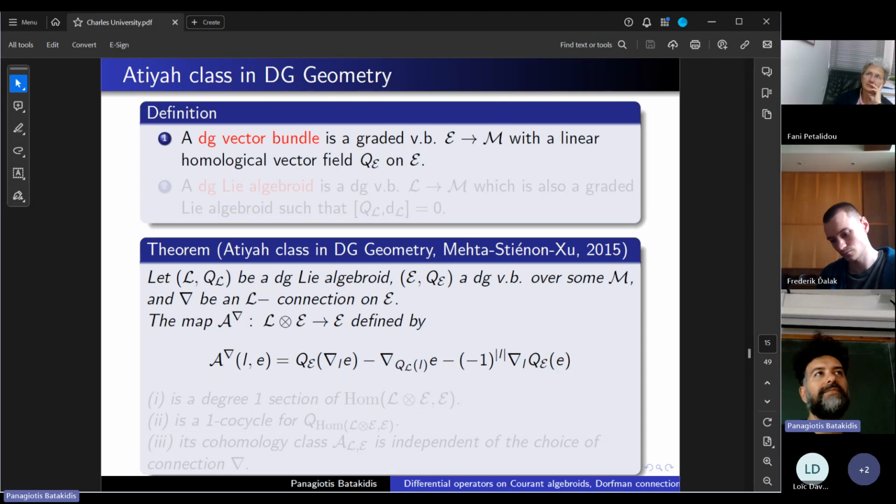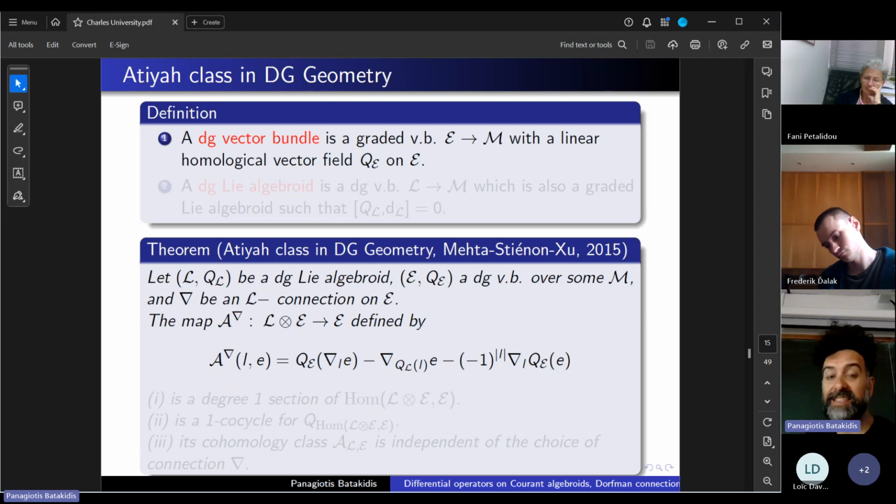Then there were two papers from Kontsevich and Kapranov, and they showed some remarkable properties of this class related to complex manifolds, holomorphic connections, and diffeomorphism in representation theory. That's another talk, and I'm not interested in that now.